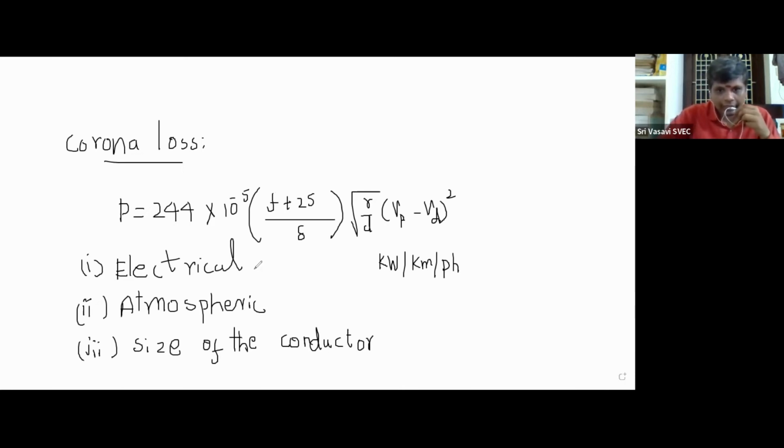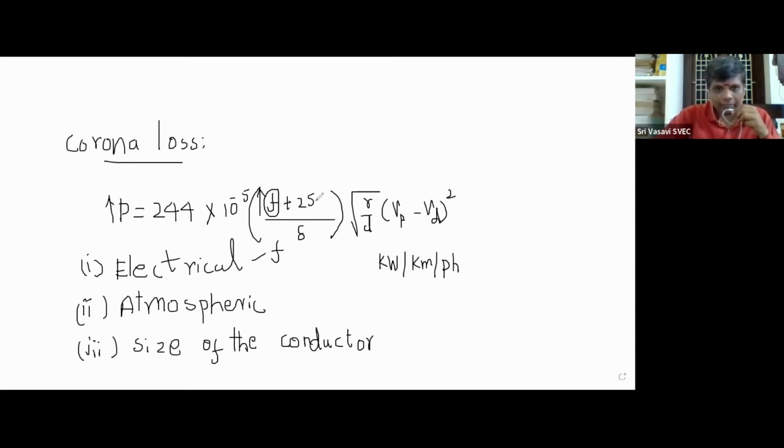So what are the electrical factors? By seeing this expression, the corona loss depends upon the operating frequency. If frequency is high, the corona loss is high. If frequency is less, corona loss is less.